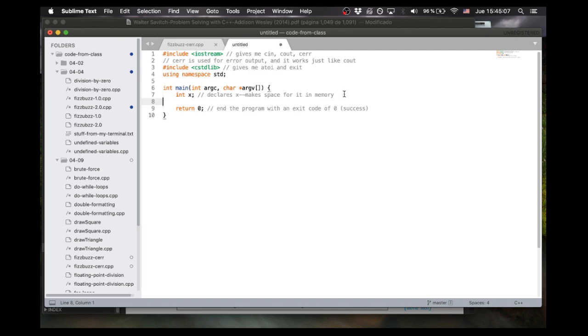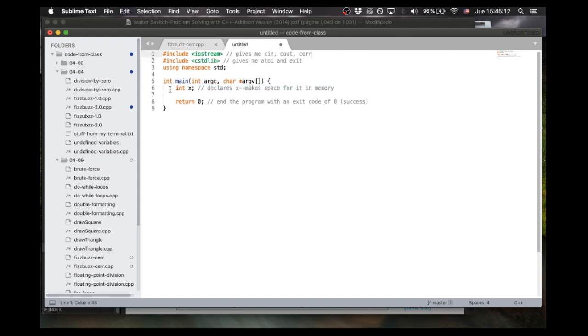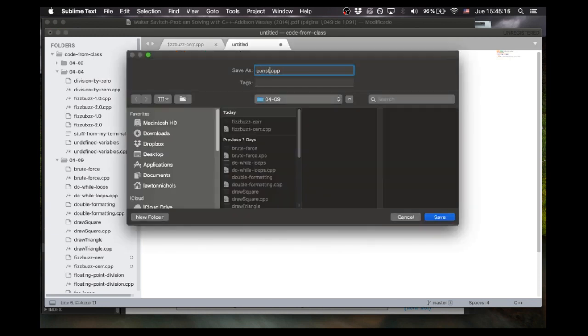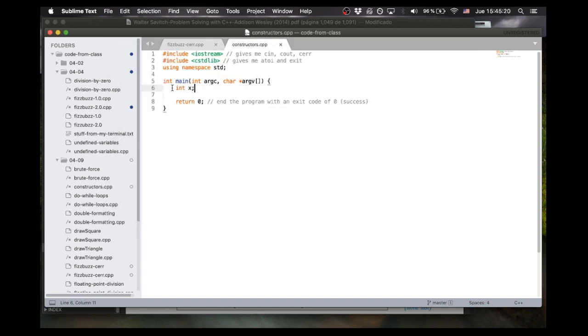And this is called using constructors. So I'll call this maybe constructors. And so if you ever see an example of this in your homework, you'll know what it's doing.